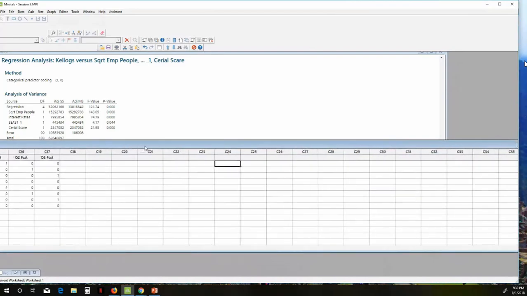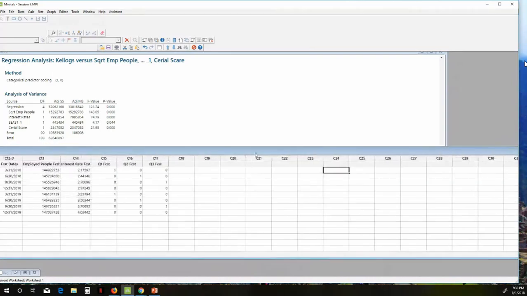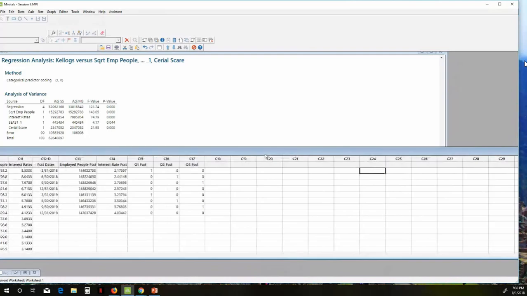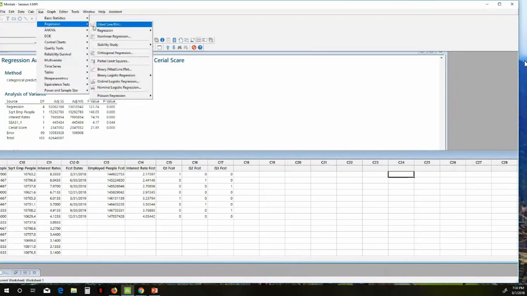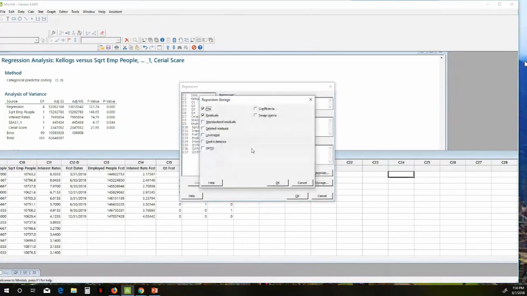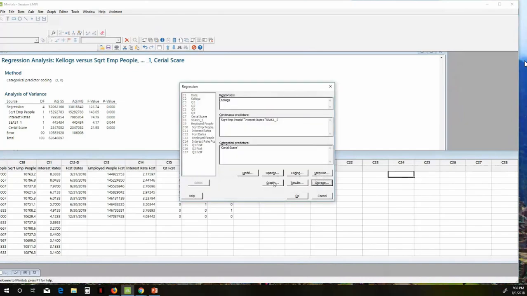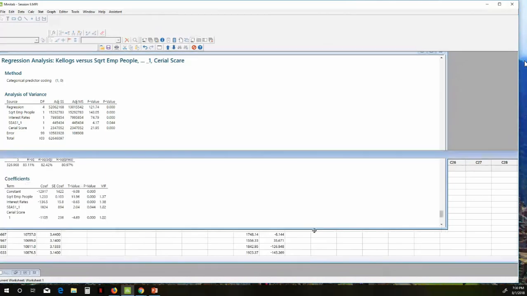Okay. Let's redo it and save the fits and residuals. Stat, regression, fit regression model. We got the same stuff we had before. Go to storage, fits, residuals, say okay. And there we should have them. There they are.